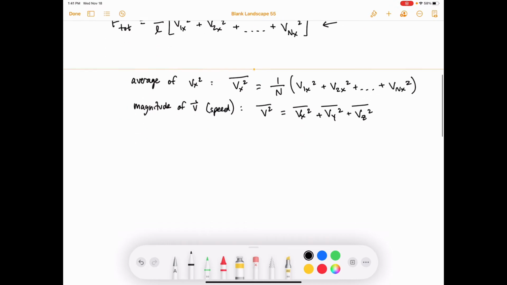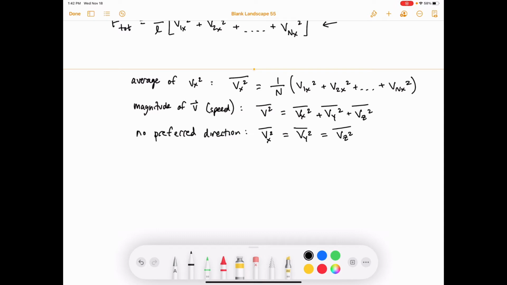The next fact that we're going to bring in is that there's no preferred direction of motion. It's not like the particles move faster in the x direction than they do in the y direction or the z direction. On average, the particles are moving just as fast in the x, y, and z directions. So I'll denote that by saying Vx squared average is equal to Vy squared average is equal to Vz squared average.